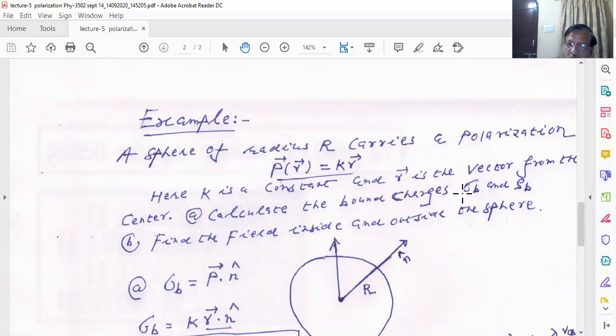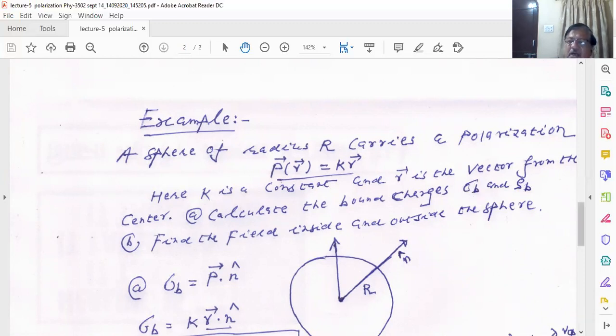These bound charges are fixed, stationary, static charges which are induced because of the polarization. And you see here the polarization is non-uniform, and since polarization is non-uniform, rho b is not 0. So we have to calculate rho b and we have to calculate sigma b.